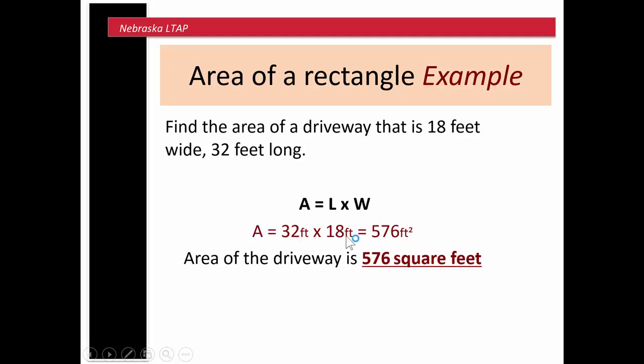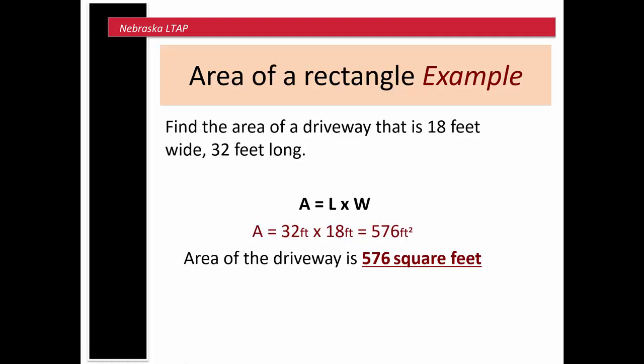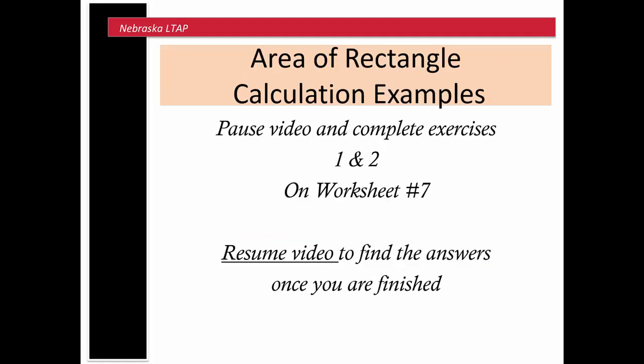And as we recalled earlier, when we're talking about area, we've got square feet here. This is linear feet. This may be 8 feet here or 32 feet, whatever we have. But if we're talking about all this space in here, we're talking about square feet now. So in area, we're talking about square feet. Alright, that was pretty easy. So go to worksheet number 7, pause the video, and complete exercises 1 and 2.